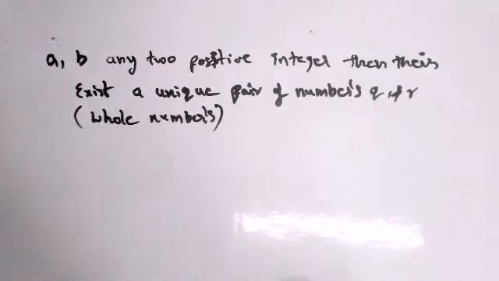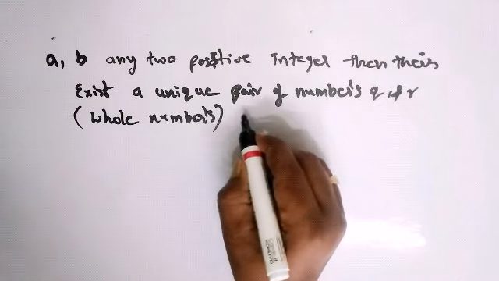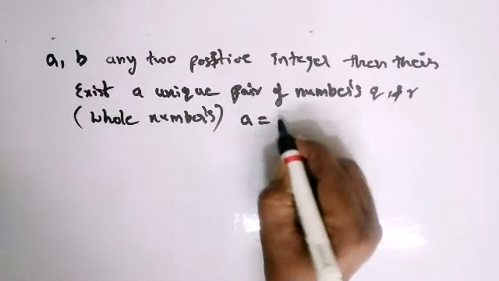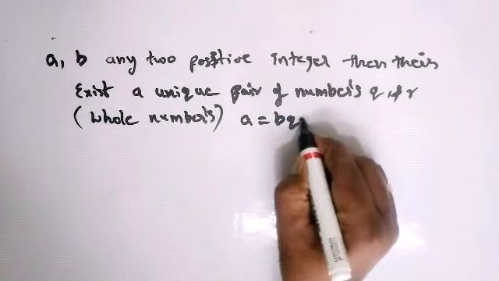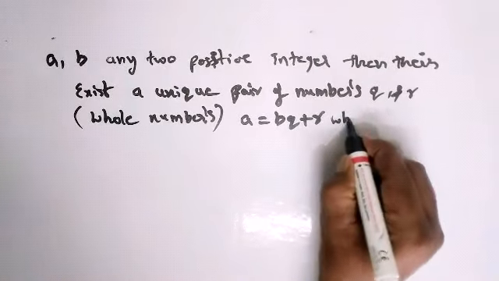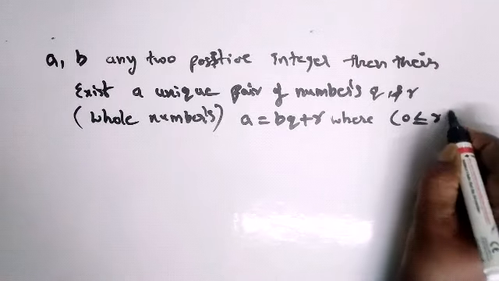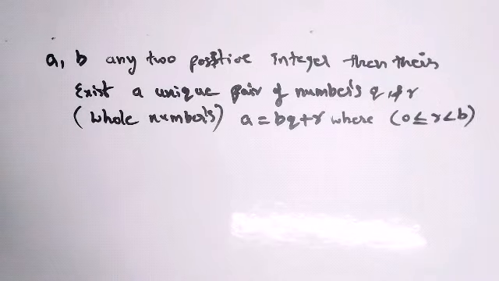Q and r satisfy the equation a equals bq plus r, where 0 less than or equal to r less than b. So this is Euclid's division lemma. What does Euclid's division lemma say?